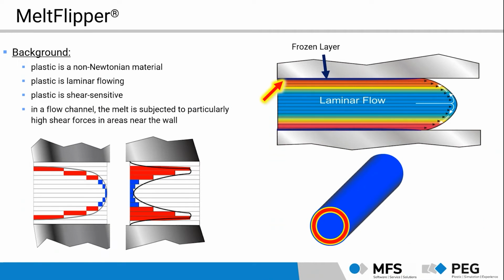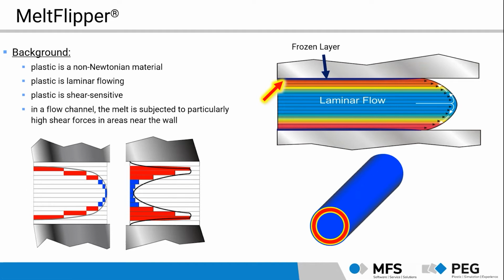To understand that, we have to bring back some total basics of plastic flow behavior to our minds. We know that plastic is a non-Newtonian material, that it flows laminar, that it is shear sensitive, and in a flow channel it is subjected to high shear forces, especially in areas near the wall.